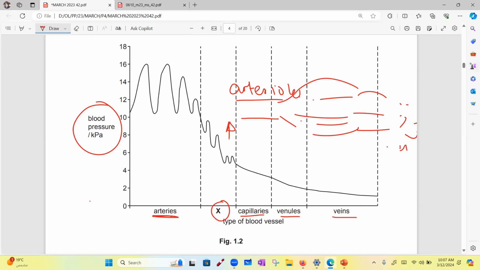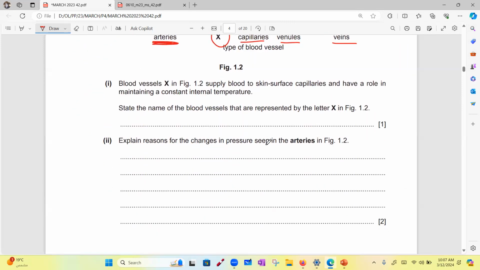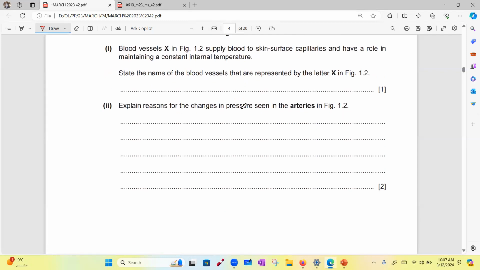At the capillaries, you have a little bit more pressure than the veins. So X is the arterioles. Arteries break down into smaller arteries to give arterioles. Clear? Now, state the name of the blood vessel that is represented by X. X is the arteriole.